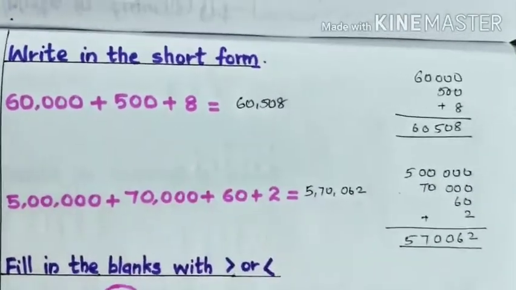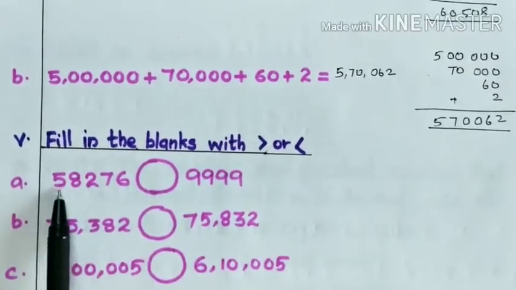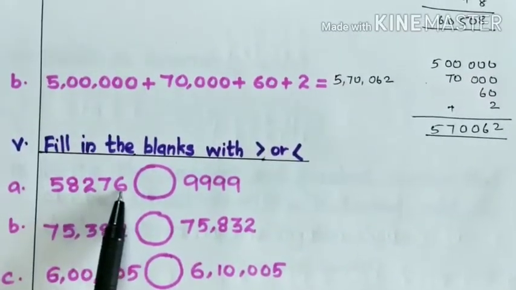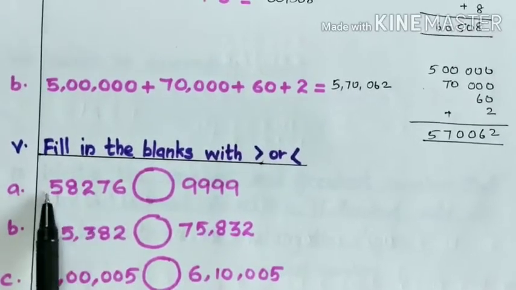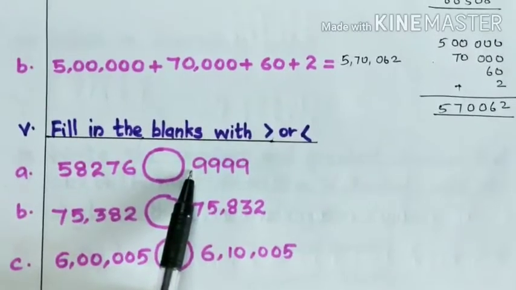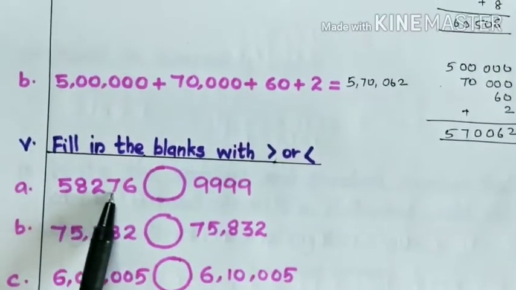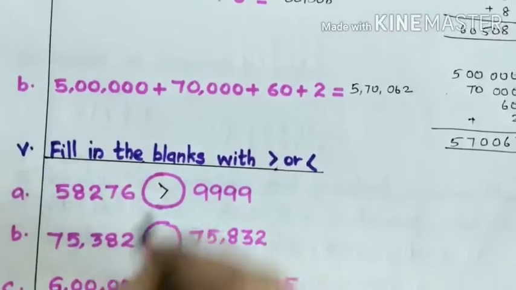5,70,062. Fill in the blanks with greater than or less than symbol. Now look here. This is a 5 digit number. This is a 4 digit number. So which is the smaller number? 9,999. And the greater number, 58,276.